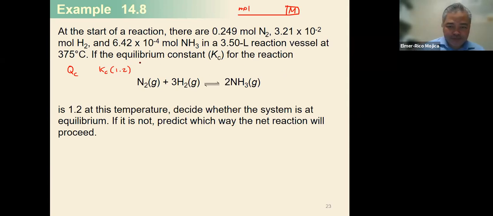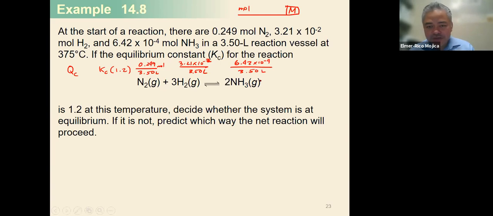So N2 would have 0.249 divided by 3.50. H2 would have 3.21 times 10 to the negative 2 divided by 3.50. And last but not the least, 6.42 times 10 to the negative 4, you have it divided by 3.50.